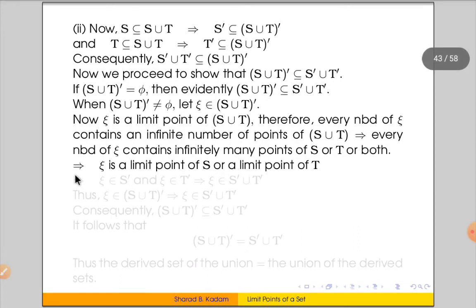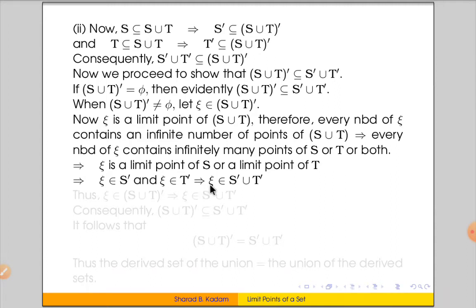So from this we conclude that xi is a limit point of S or xi is a limit point of T. So this implies xi belongs to derived set of S or xi belongs to derived set of T. So from this we get that xi belongs to S prime or xi belongs to T prime.